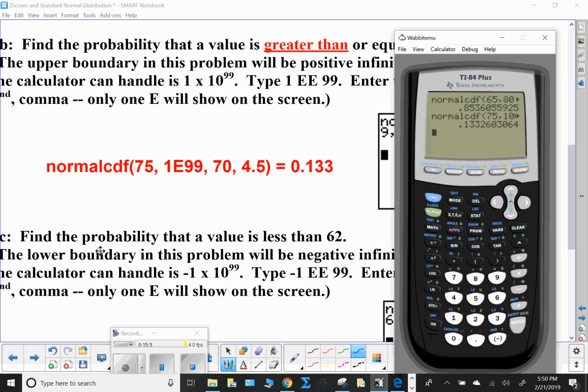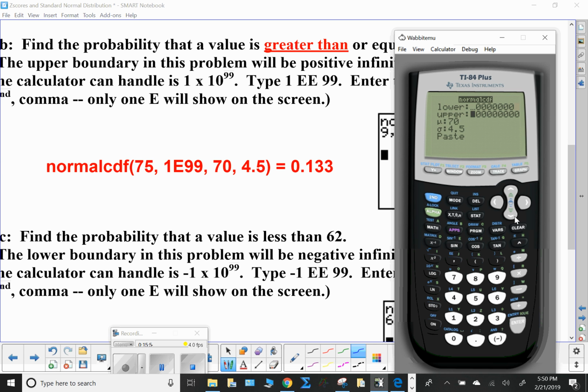Now, the probability that it's less than is very similar. Second vars, come down to normal CDF. For my lower bound, I want to find the probability that a value is less than 62, so the lower bound is going to be negative 1 followed by a bunch of zeros. I could also do 9s, anything, just put a whole bunch of them in there.